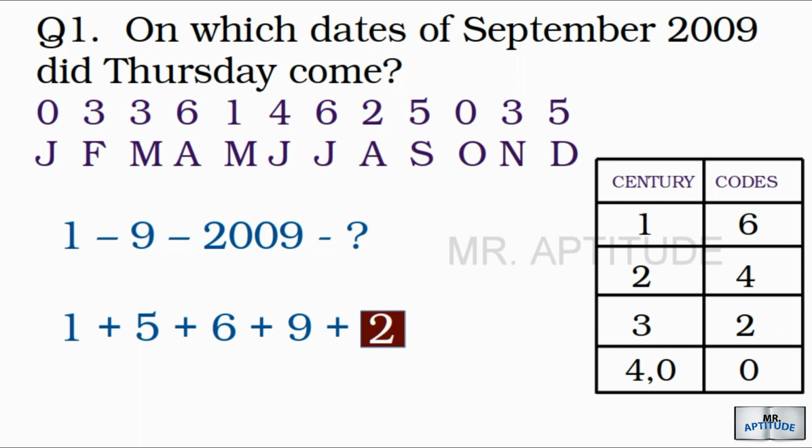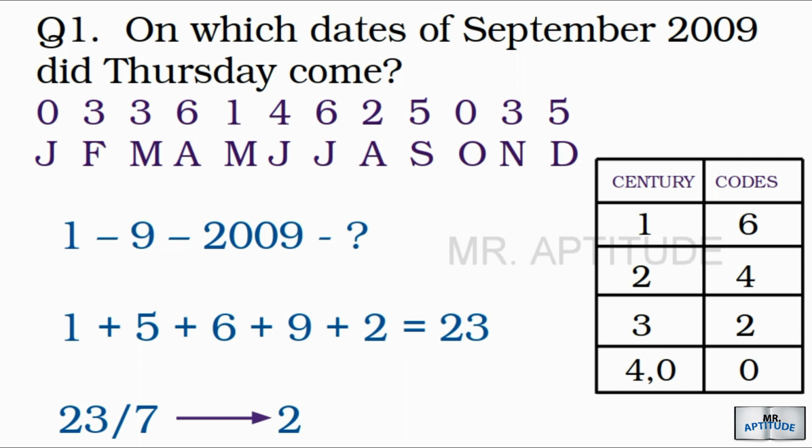Now, 1 plus 5 plus 6 plus 9 plus 2. Sum of all these things gives you 23. 23 when divided by 7 gives you a remainder 2. As we got remainder as 2, we can definitely say that it's a Tuesday.